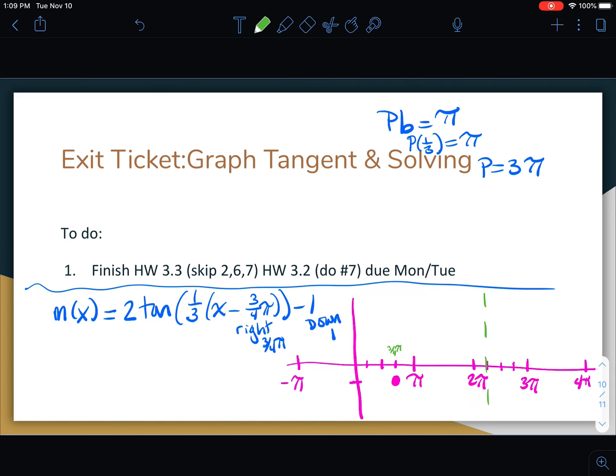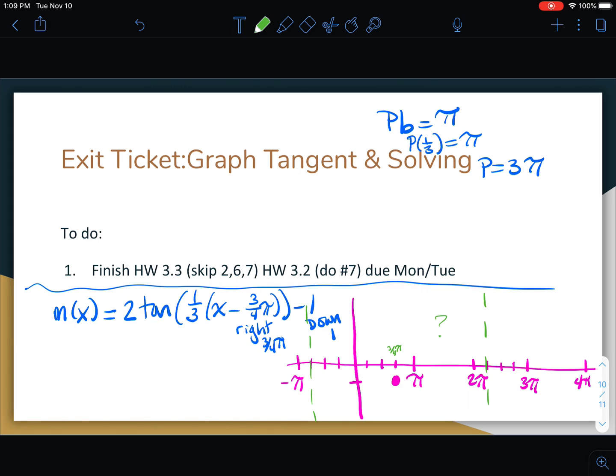So 2.25 is right there. And then I'm going to go 1.5 pi to the left of 3/4 pi, which will be at -3/4. And so the total distance is going to be 3 pi for that one cycle.